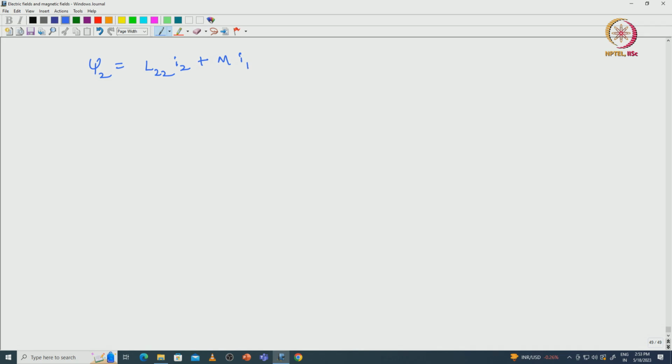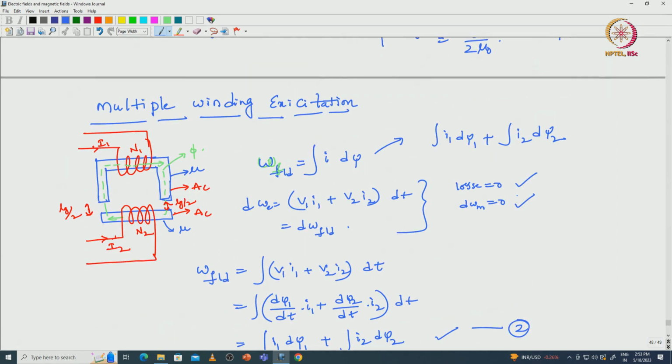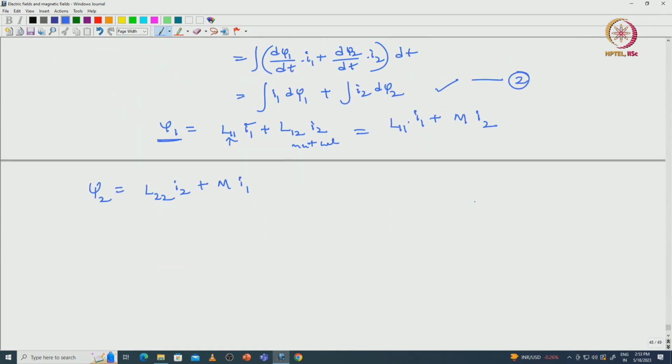So, if we substitute this psi 1 and psi 2 in equation 2, earlier I took equation 1. If I substitute these two equations in equation 2, then the field energy equals the integral of I1 d of (L11 into I1 plus mutual inductance into I2), plus the integral of I2 d of (L22 into I2 plus mutual inductance into I1).